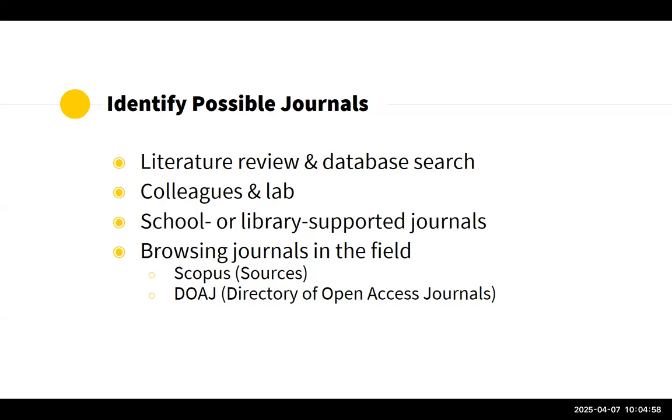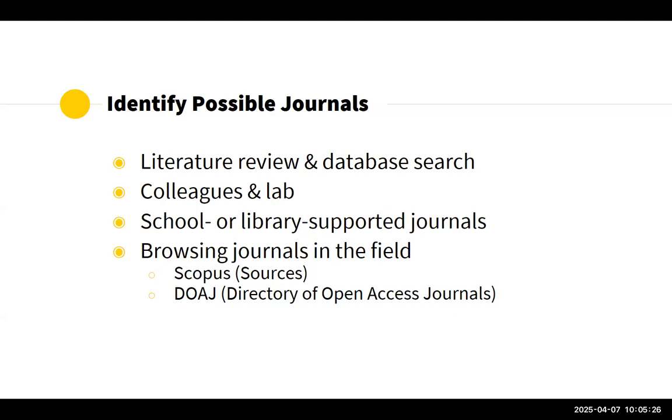The third thing you want to look at is journals that your school or your library support. If you're interested in publishing open access, aka journals where your work will be freely available to everyone, then most of those journals are going to require author fees to publish.